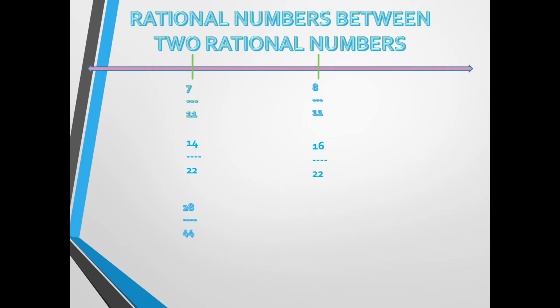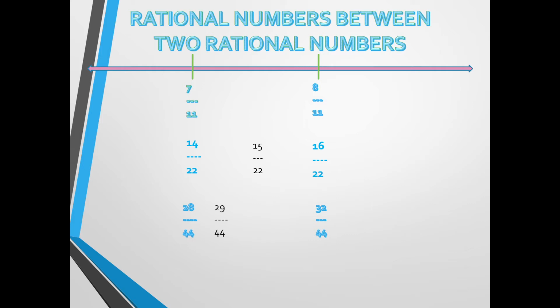Now 28 by 44 is also the same point as 7 by 11, and 8 by 11's point we can write as 32 by 44 also. Between 7 by 11 and 8 by 11, as written, we cannot find any more numbers, as in between 7 and 8 there are no numbers.